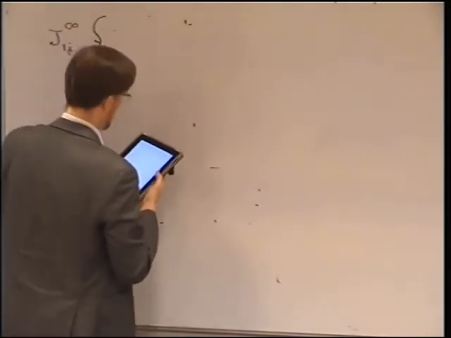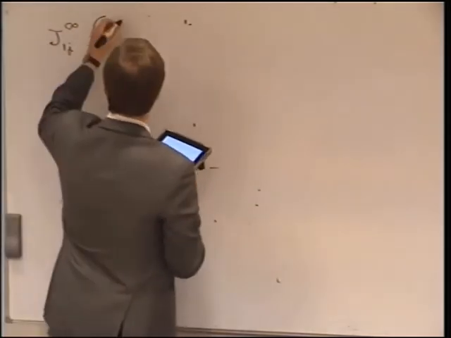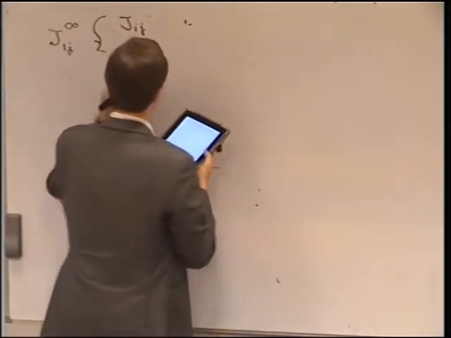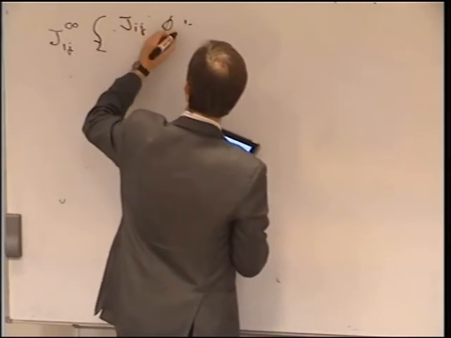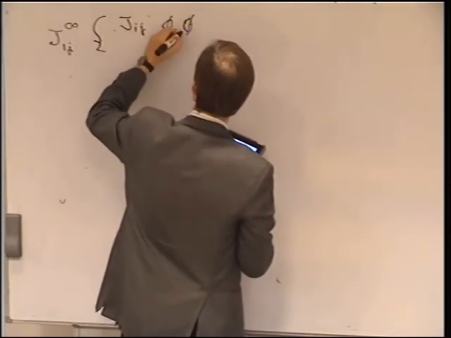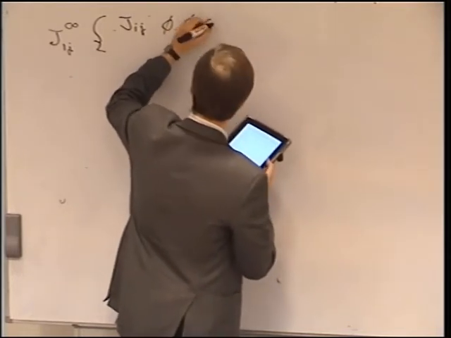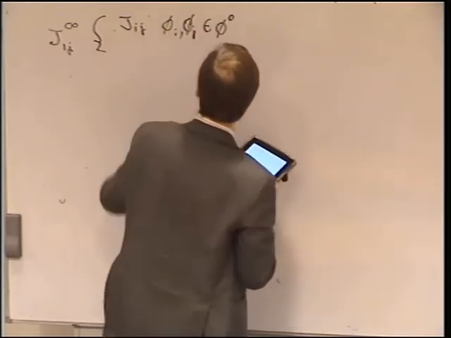I'm going to call that the matrix which is the original Jij when both the test function and the trial function are in the non-Dirichlet boundary part of the domain.